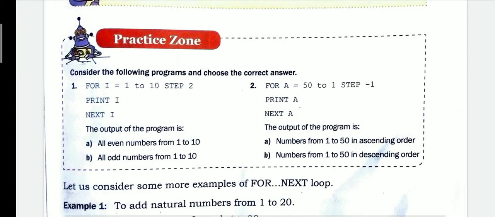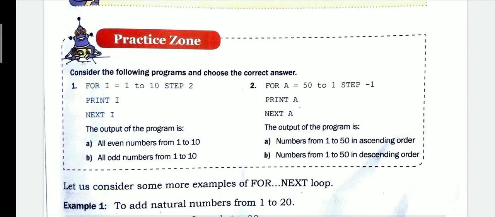The result will be B, all odd numbers from 1 to 10. This represents the numbers starting from 1 and increased by 2: 1, then 3, then 5, then 7 and then 9. So the result will be B.